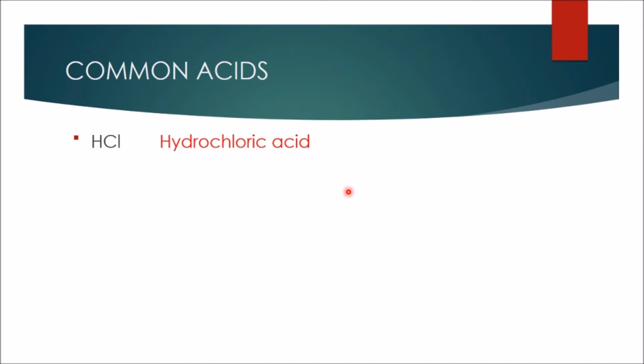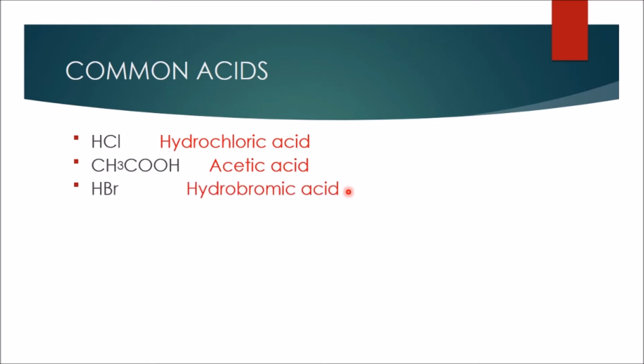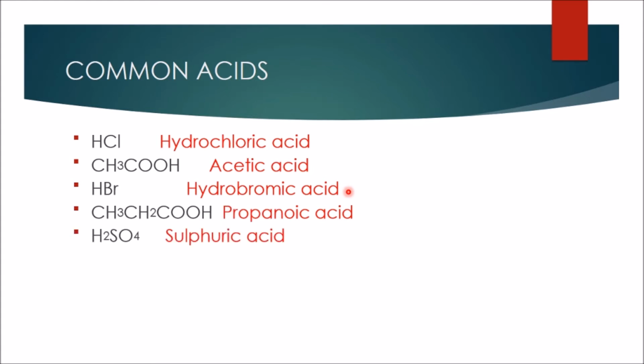Let's look at some common acids that we have in the lab, and I expect you all to learn these acids and their formulas by heart. So we have a very common acid which is called HCl. It is hydrochloric acid. CH3COOH is called acetic acid, and its common name is vinegar. HBr is hydrobromic acid. CH3CH2COOH is propanoic acid.